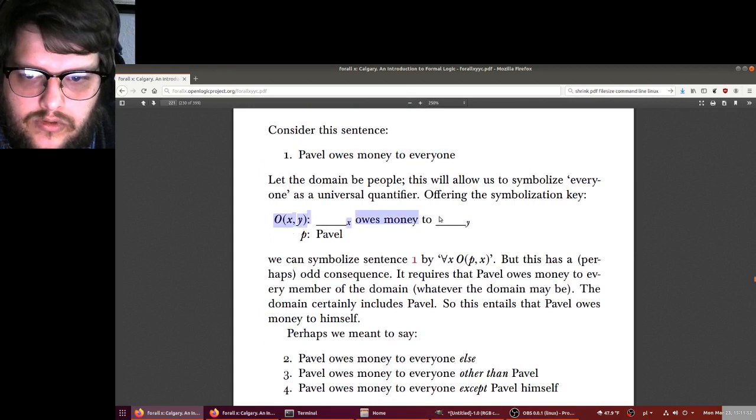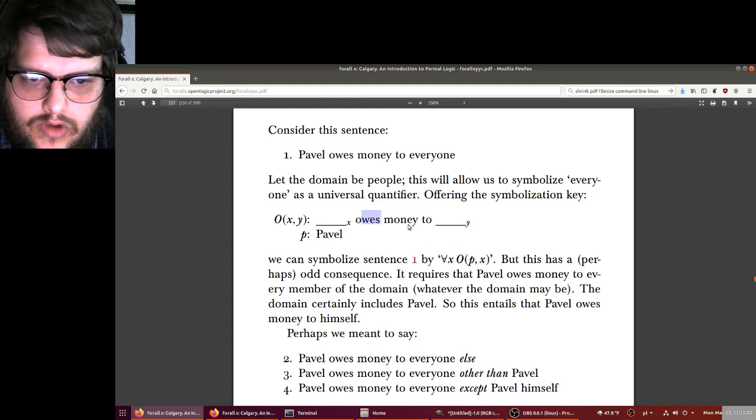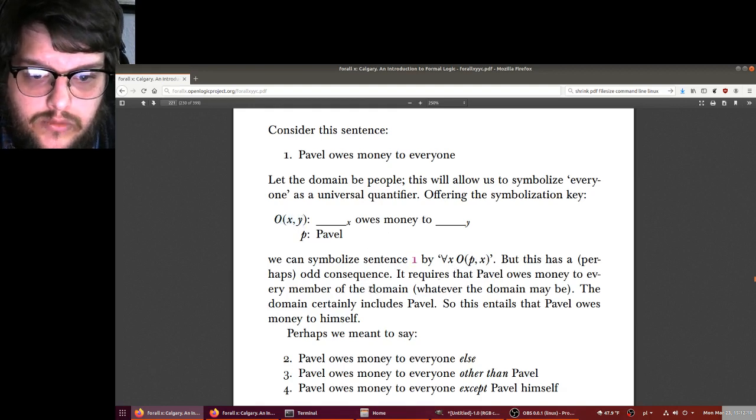Now, if you make a symbolization key that looks like this, Pavel here and owes money to Y, you could write this sentence this way: for all X, OPX. So the OPX being this Pavel owes money to everyone predicate. Now, that would mean that Pavel owes money to everyone in the domain.